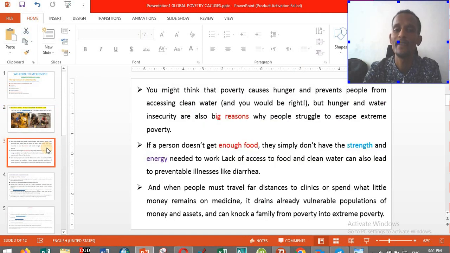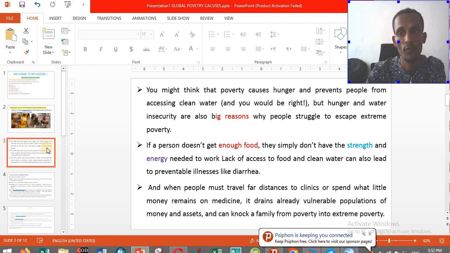So you might think that poverty causes hunger and prevents people from accessing clean water, and you would be right. But hunger and water insecurity are also big reasons why people struggle to escape extreme poverty. If a person doesn't get enough food, imagine, they simply don't have the strength and energy needed to work.